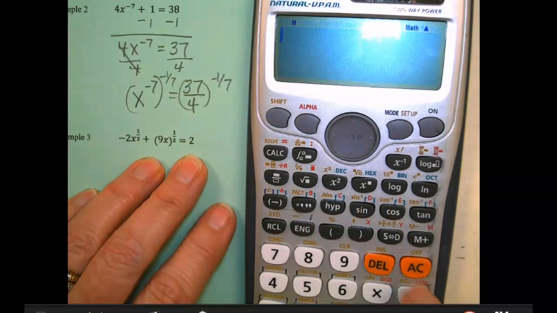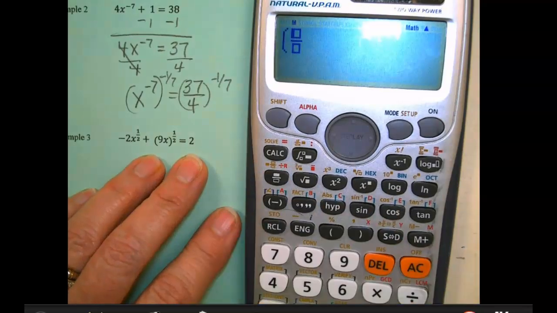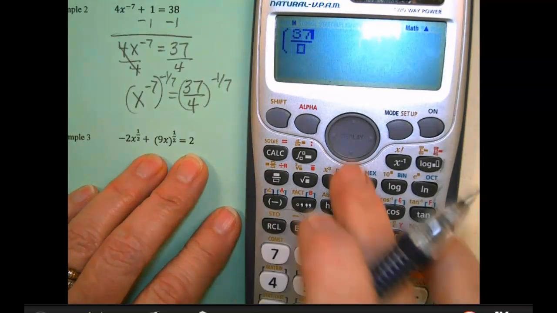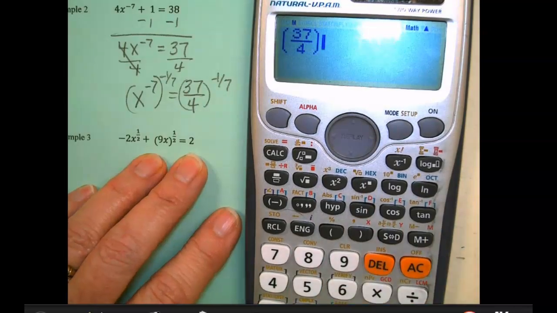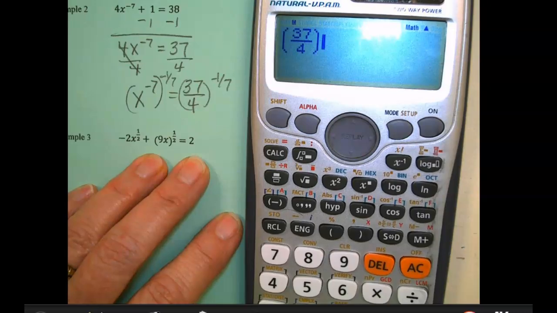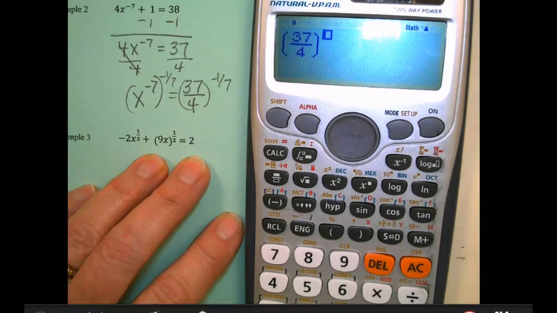So on this one, just to be sure, I'm going to put it in parentheses. I have 37 over 4, and then I'm going to put the parenthesis. You see how I put it in parentheses? So I can raise it to the power, because I don't want just the 37 raised to the power. I want the whole fraction raised to the power. So then I added my little fraction. Do you see that?